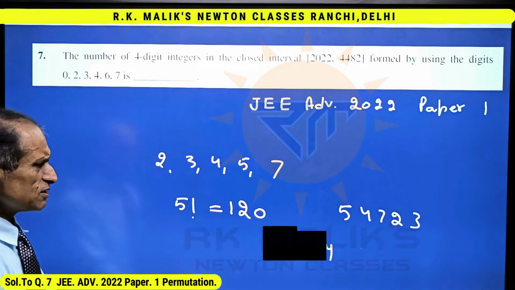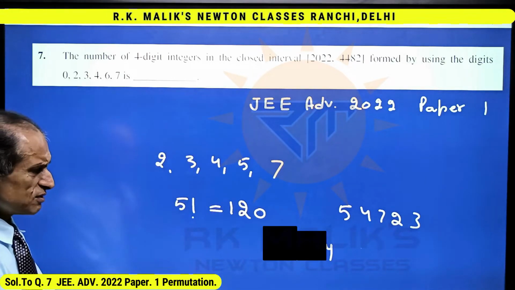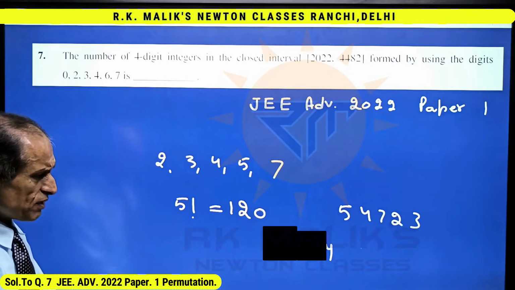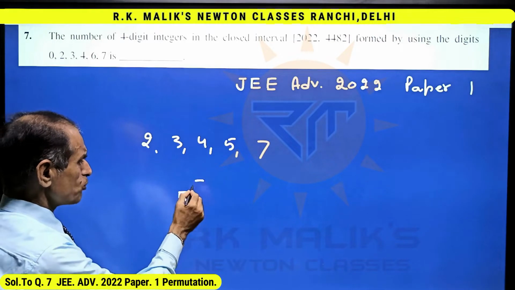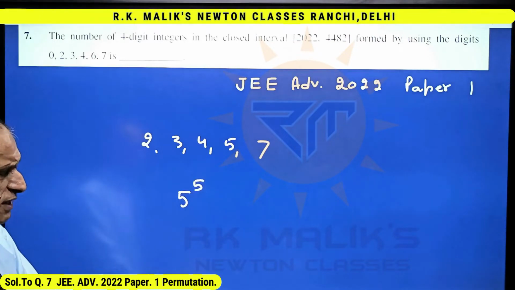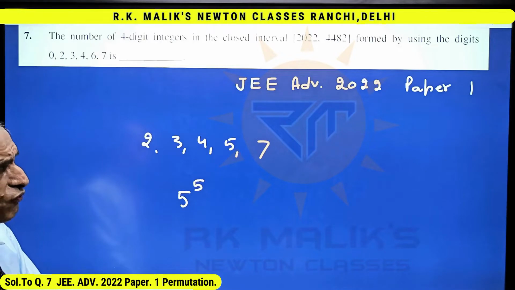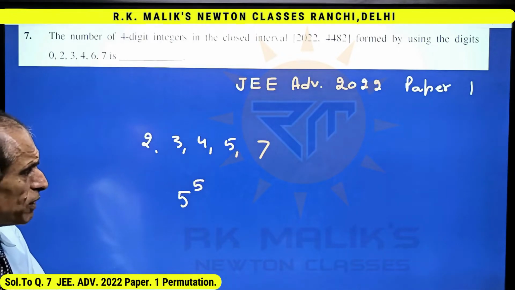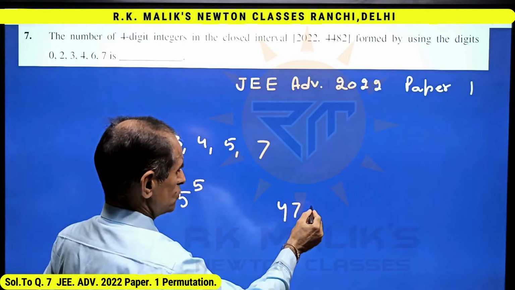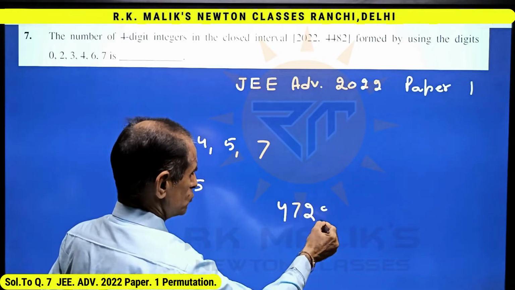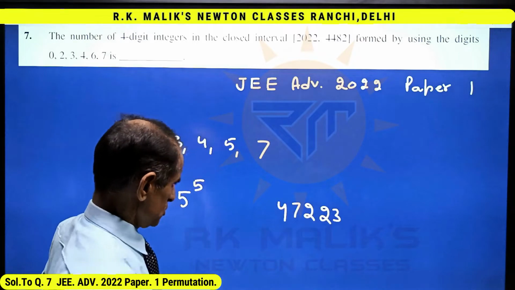And the second possible case, when repetition of digits is allowed, in that case obviously 5 to the power 5 numbers can be formed. And if I arrange these numbers in increasing order, he may say find the rank of the number 4, 7, 2, 2, 3.